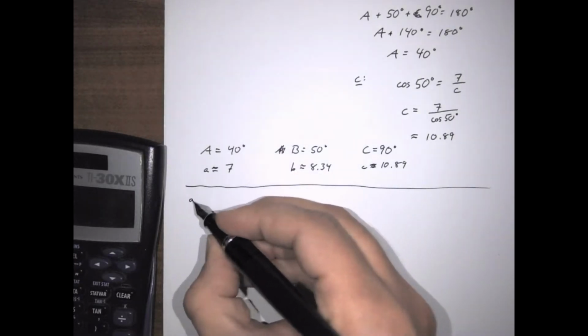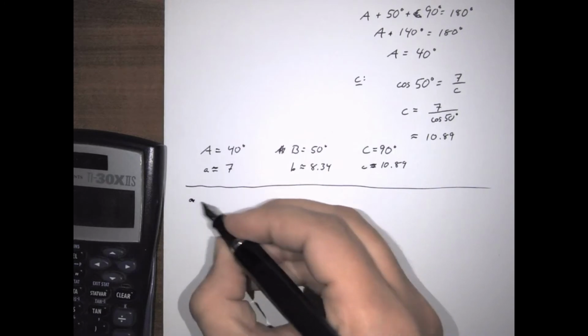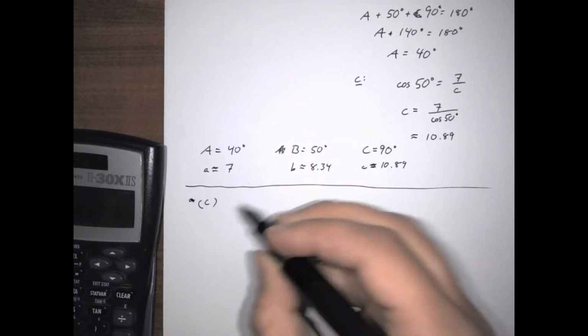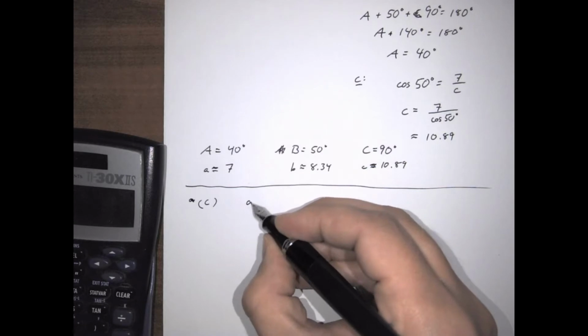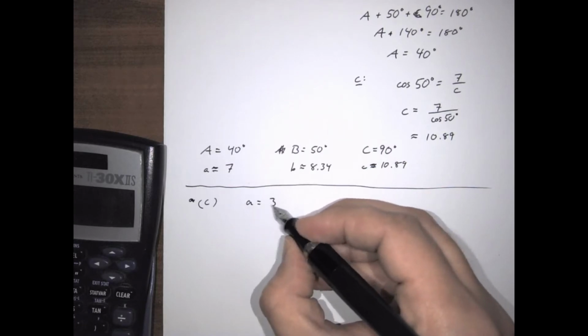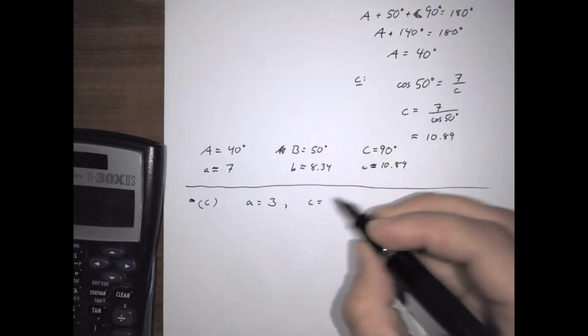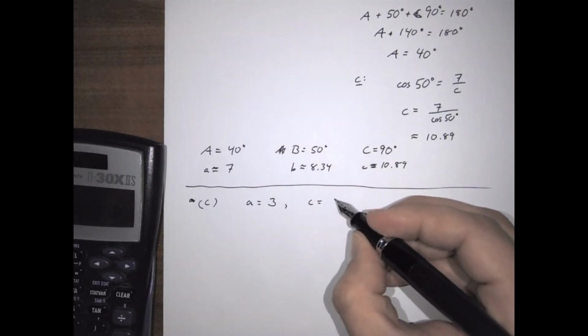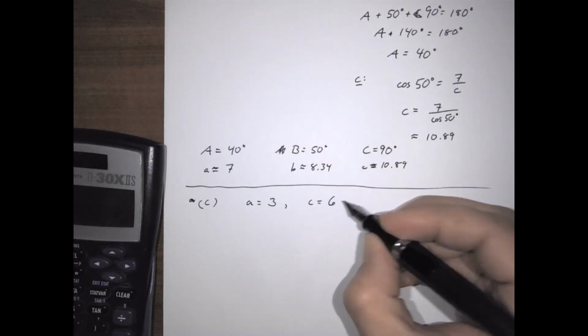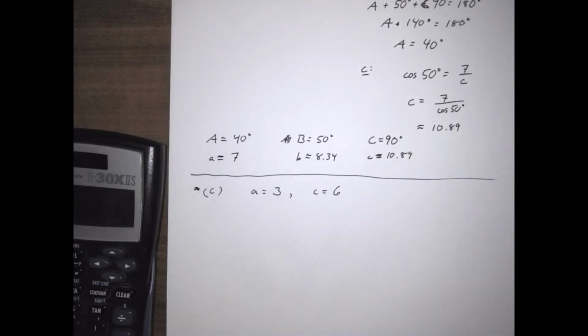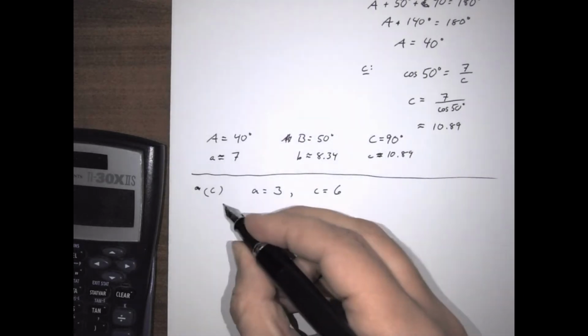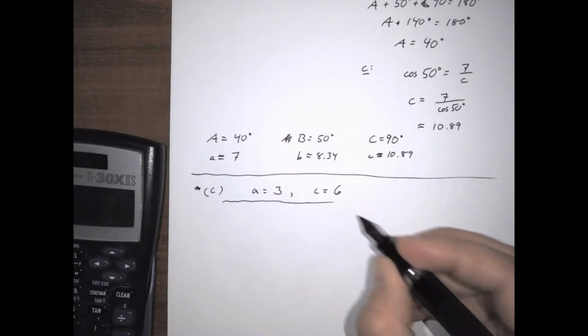Okay. One last twist here. Let's say part C. Let's say that what we have are a equals 3, c equals 6. So we have two pieces of information and we just need to get the rest.